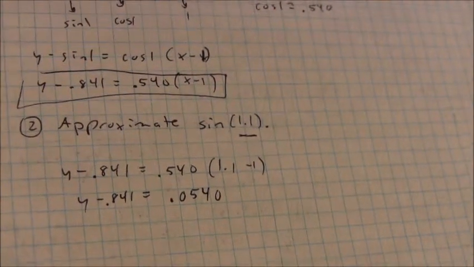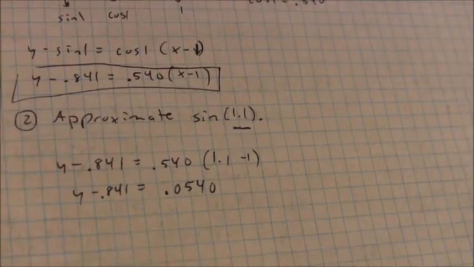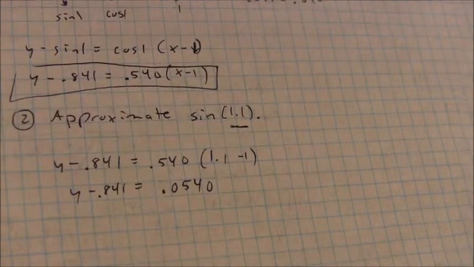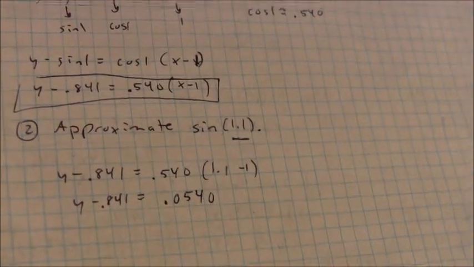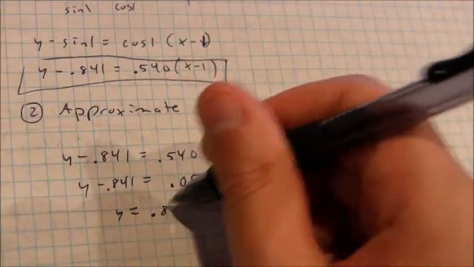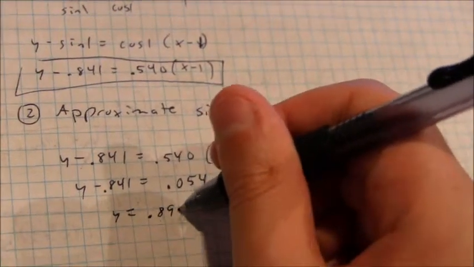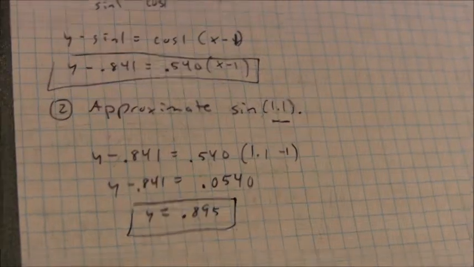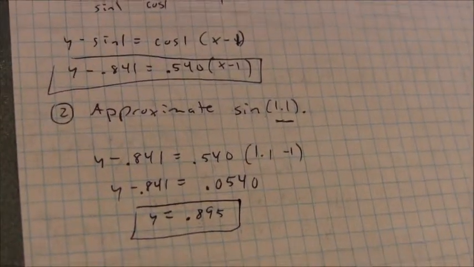Okay? If I want to simplify that, I end up finding out that y is approximately 0.895. And that's my final approximation.